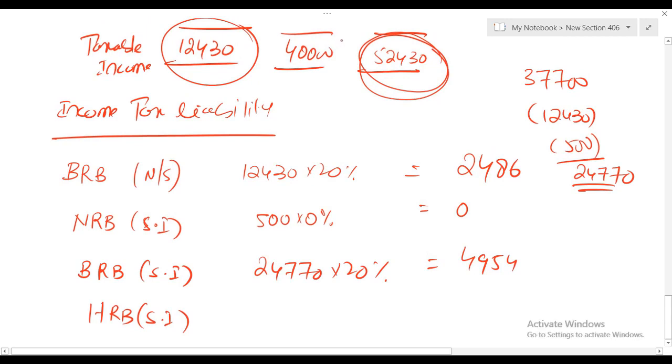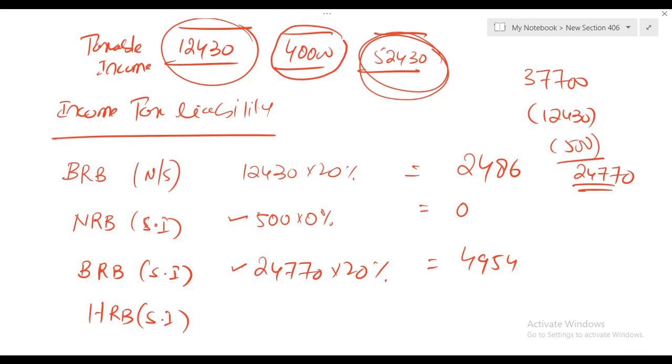The total amount of saving income is 40,000. Out of this, 500 we have taxed in the nil rate band, and 24,770 we have taxed in the basic rate band. So from 40,000, let me deduct 500 as well as 24,770.